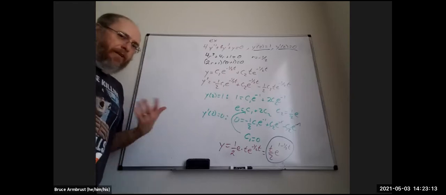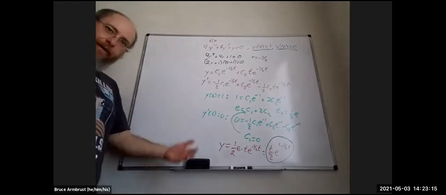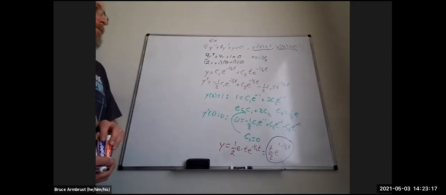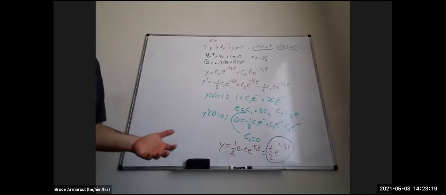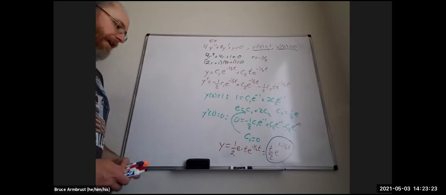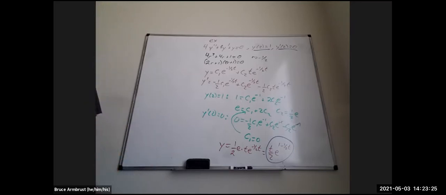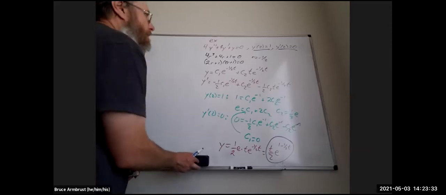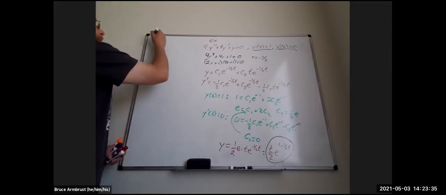All right, so hopefully you're seeing it. I mean, it's very systematic. We're going to do exactly the same thing for this next one. It's just not going to be a surprise to you that I'm going to make it so that we get a different form for our derivative. All right, so let's try this one.